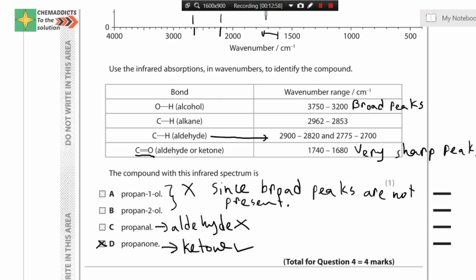So that is why D is the answer, which is propanone. Now let us summarize this whole thing.